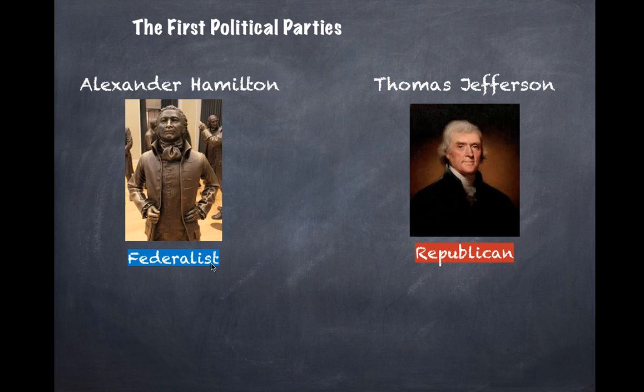So Hamilton thought that those with more wealth should have more power under the federal government, and the federal government should work to help them develop the economy of the United States. Jefferson believed that small farmers, small business people, should be as free as possible to do what they knew was best at the local level. That's why Jefferson favored states.